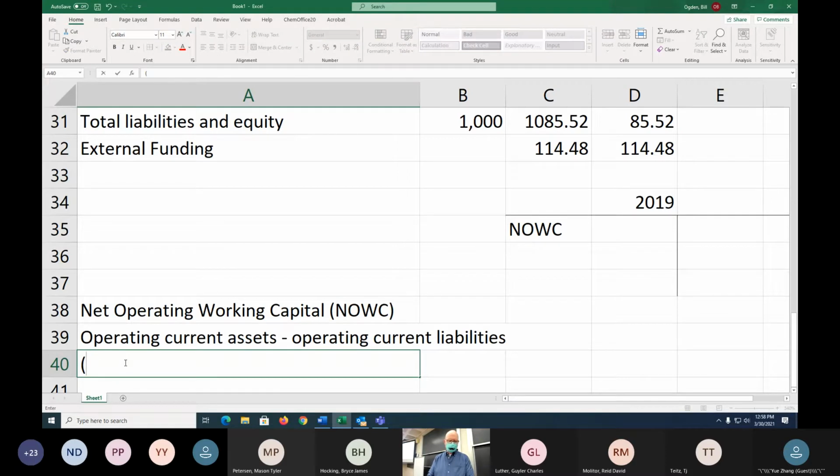So we're going to do cash plus accounts receivable, is that okay? Can I say AR plus inventory minus, and then your operating current liabilities will be simply accounts payable plus accruals.